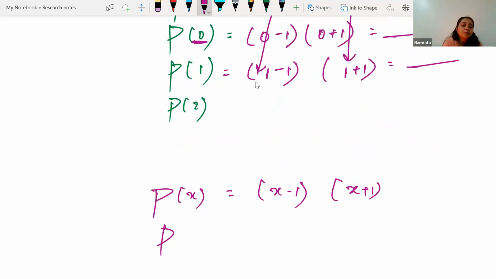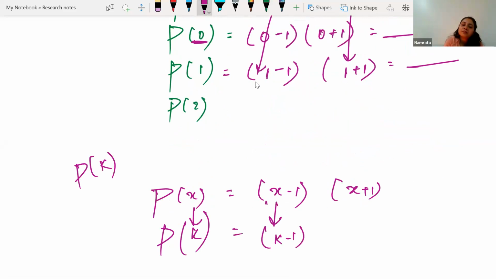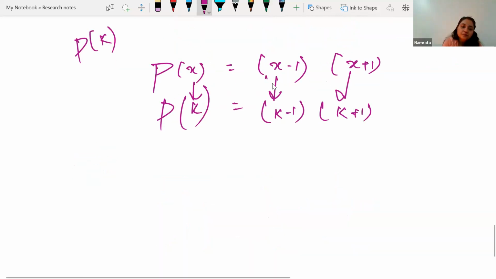If you have to find p(k), then you will substitute k in place of x: here k - 1, here k + 1. Okay. If you have to find p(a + b), then as I said, x has to be a + b.